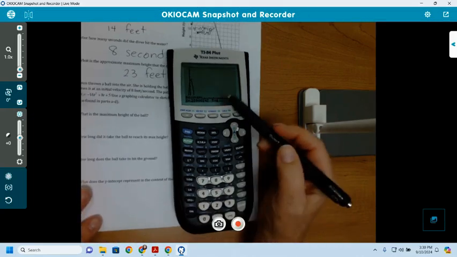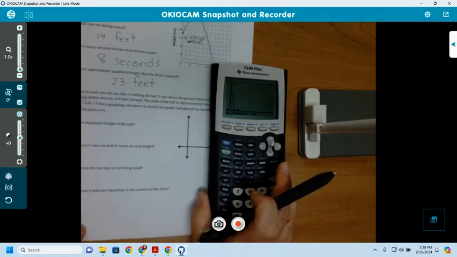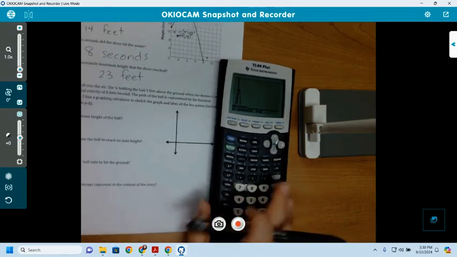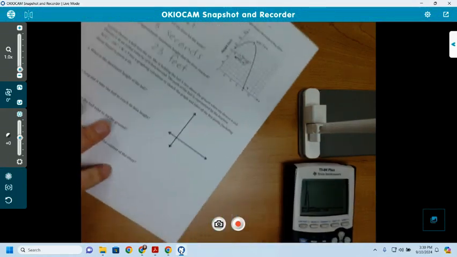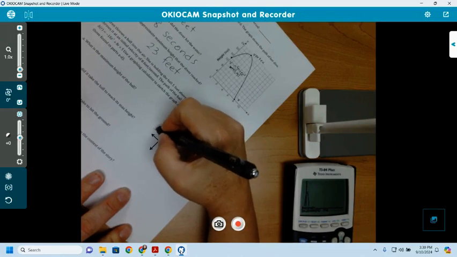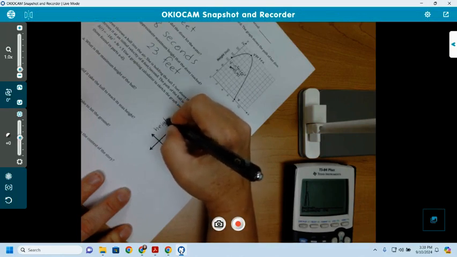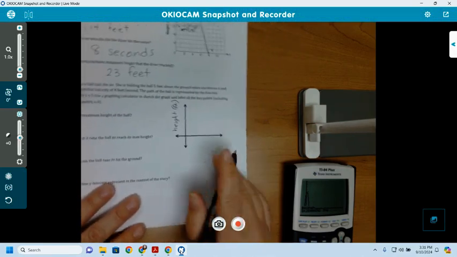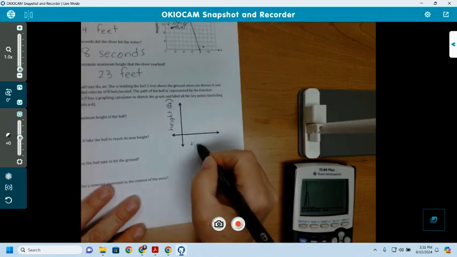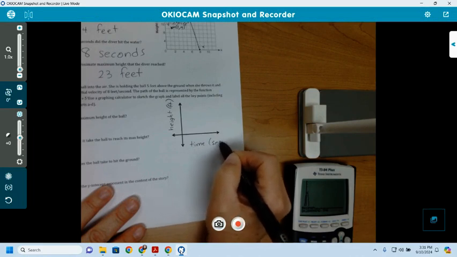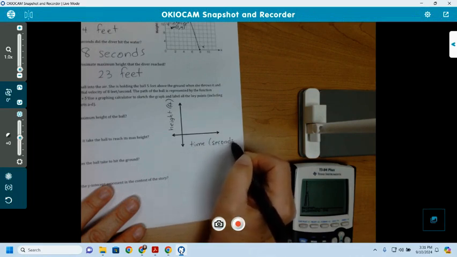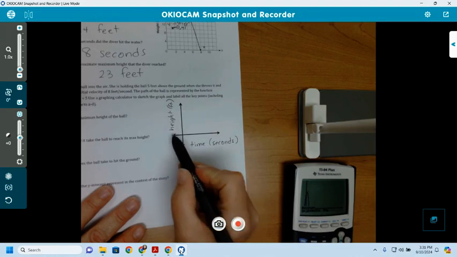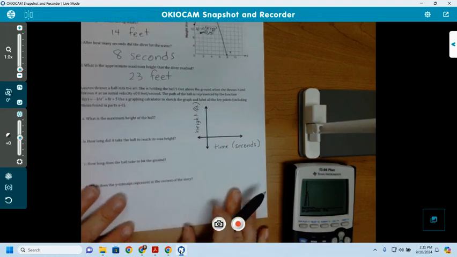But the maximum height is represented by y, right? Let's look at our graph here. We have to label the part still. This is the height in feet, and this is time in seconds. This is the y-axis and the x-axis.